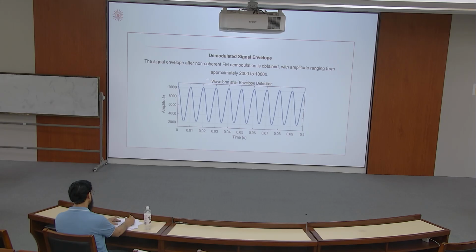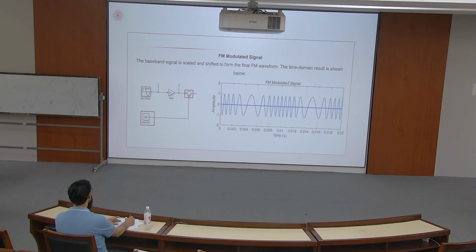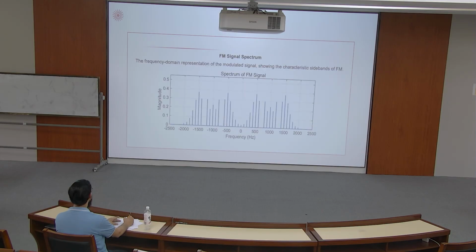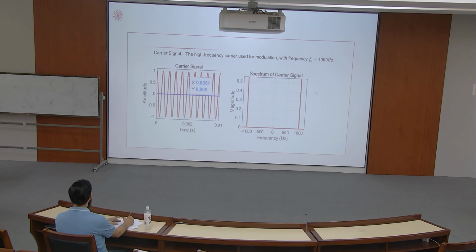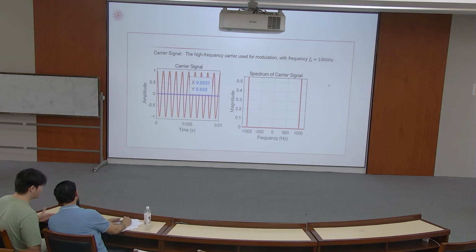We can observe the baseband signal, integrated phase deviation, instantaneous frequency, and the typical sideband spectrum of FM. The results match theory well and verify the modulation principle. That's all for parts 1, 2, and 3.